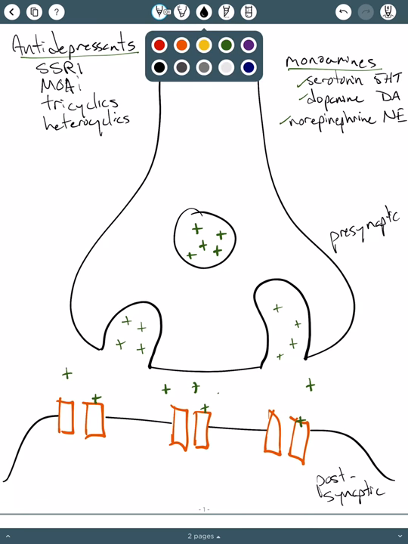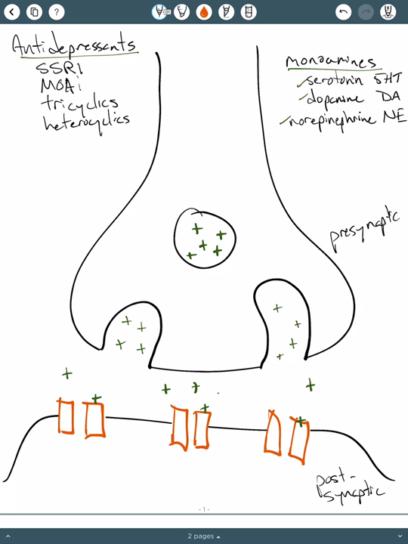One is by using an enzyme that binds the transmitter molecule and breaks it into its component parts. Then you can take these parts back up inside the neuron that released it and convert them back into the monoamine neurotransmitter you released in the first place.